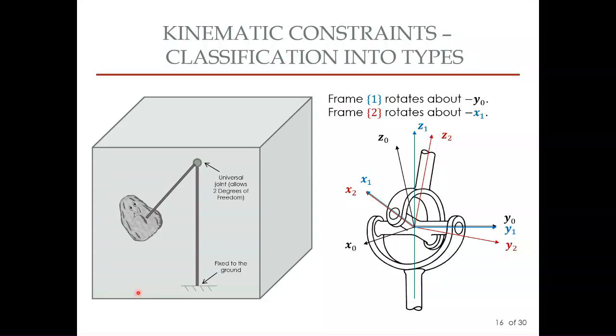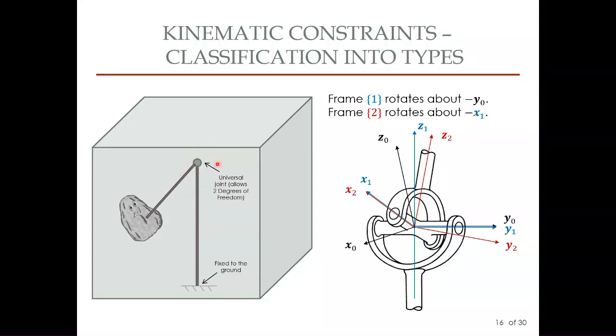Now you can think of it in a kind of summation way, starting from 0 and adding 2 degrees of freedom because of the allowed motion here, or starting with one rigid body that can move, so 6, and then reducing 4 for the 4 constraints due to this joint.